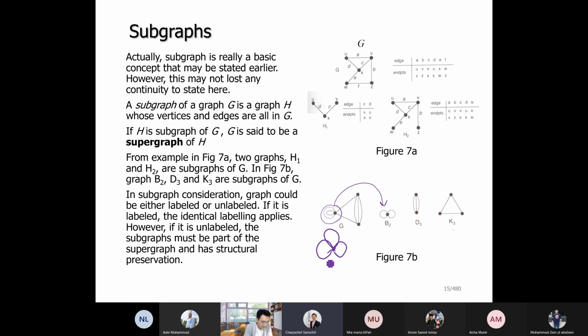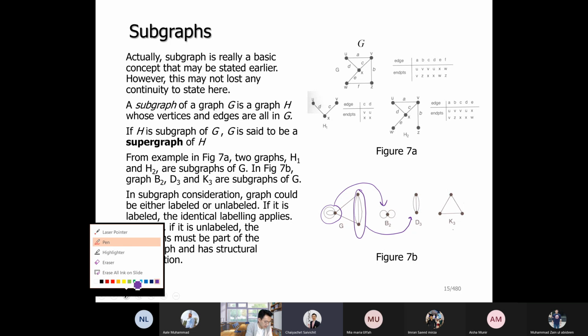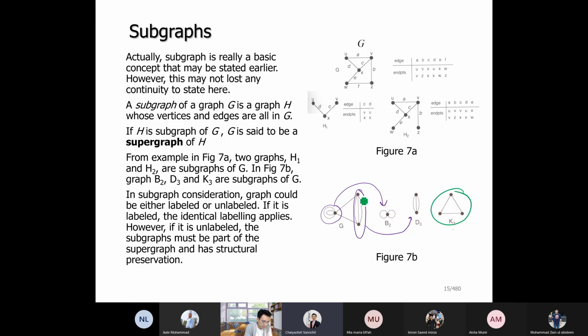If we have 4, like this petal flower, we have B4. So this is B2. And we have D3. Dipole is this portion here, right? And K3 is this portion here. So K3, D3, and B2 are the subgraphs of G, depending on how you model those.